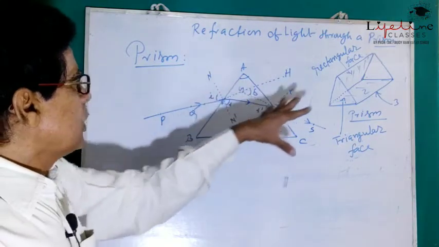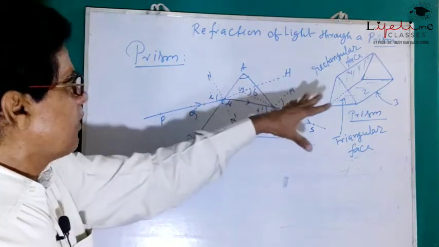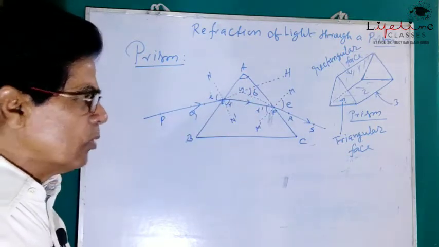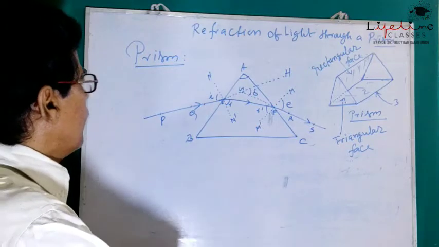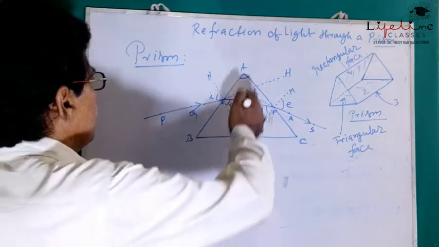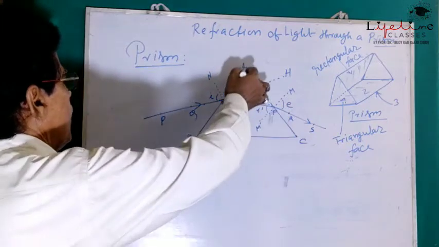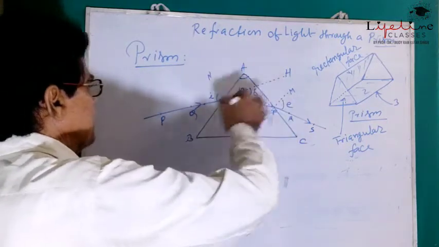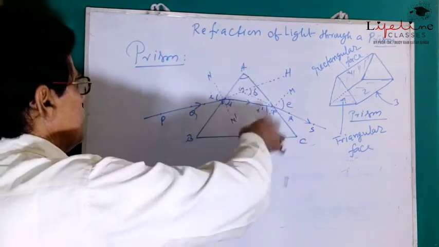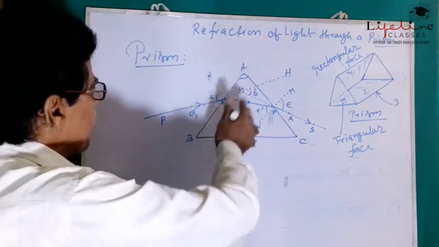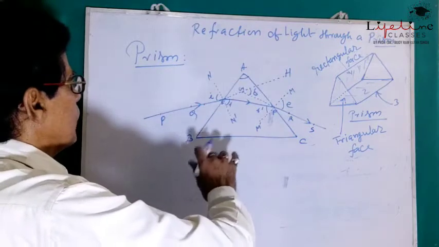By placing the triangular face of the prism on the paper, we can trace out a diagram like this: AB, BC and AC. This is the boundary of a triangular face of the prism.